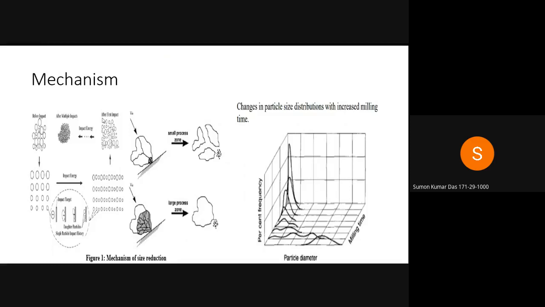After the first impact we get this, and after multiple impacts we get this fine particle.